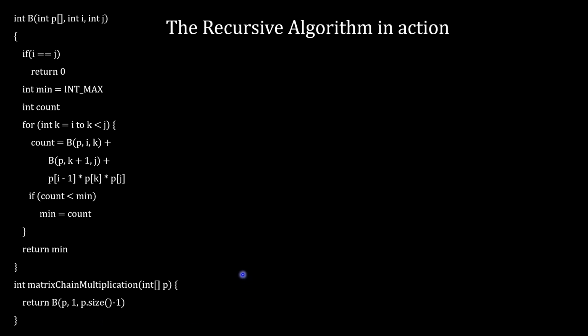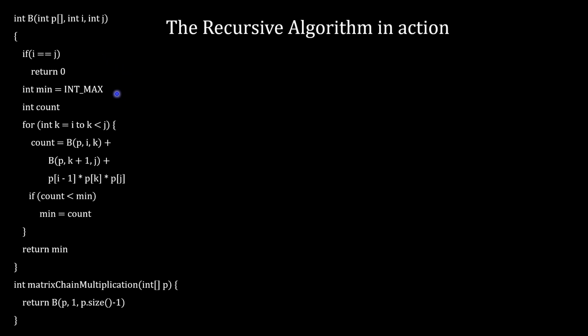So we then go into the actual function itself. We've got the base case here, which is saying when i is equal to j, so when we have a matrix by itself, that's not going to result in any multiplications. That's going to be 0, so we can then return 0.